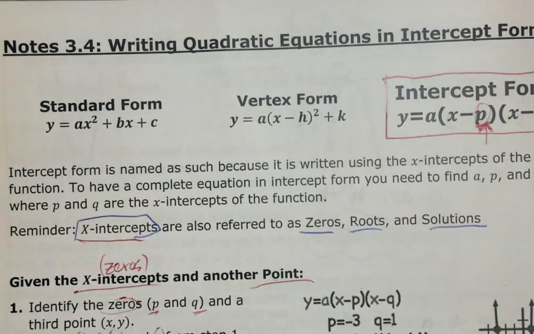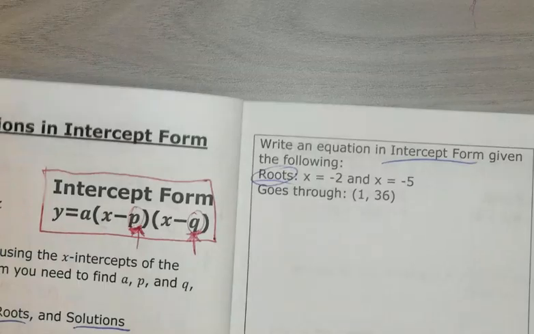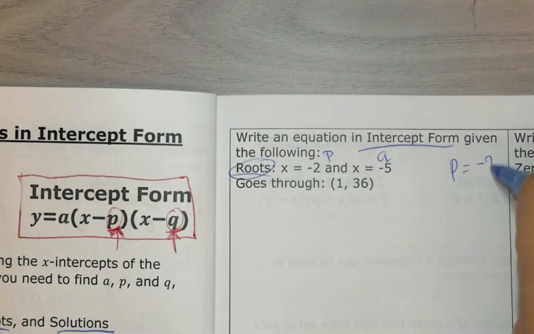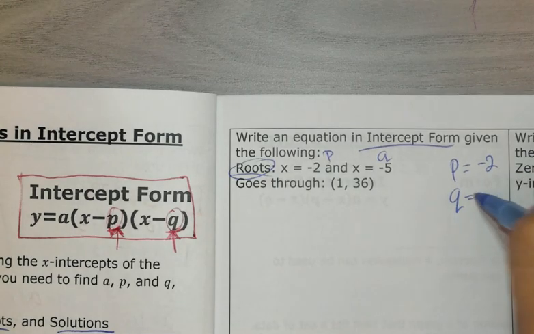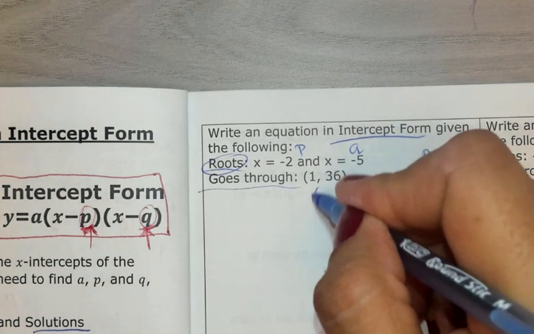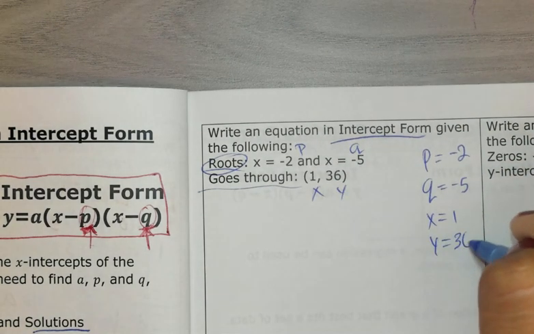So just be open-minded that you could be given the same information representing x-intercepts, but called differently. Those roots will be your p and your q. So p is -2, q is -5. And then it tells you it goes through this point, so that will be x and y. X is 1, y is 36.